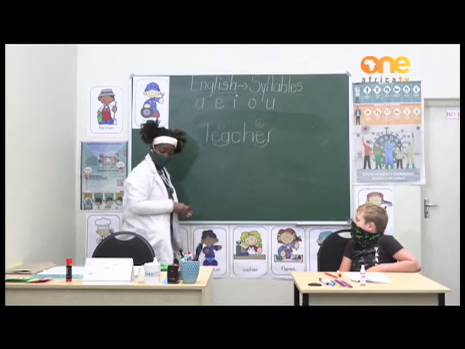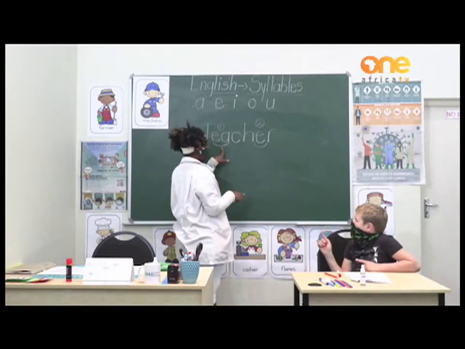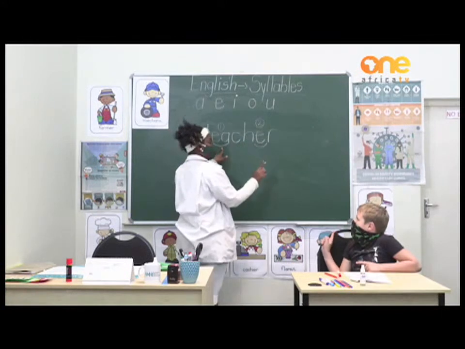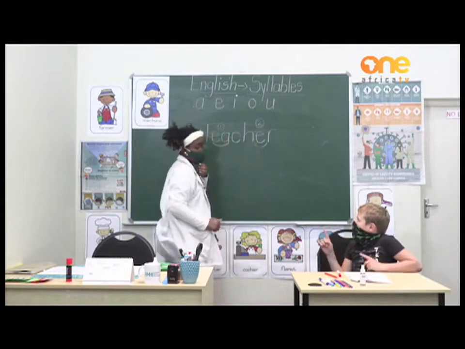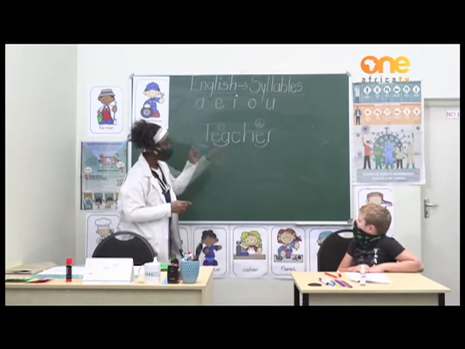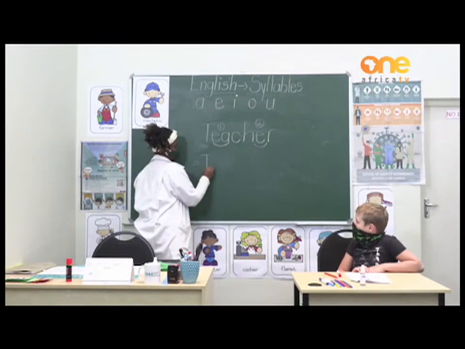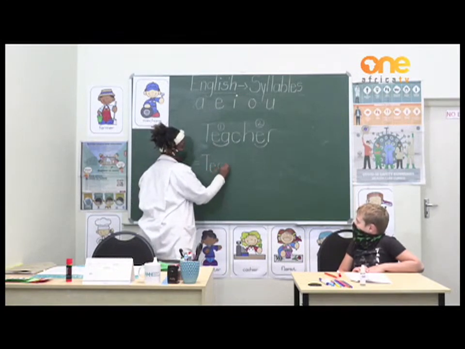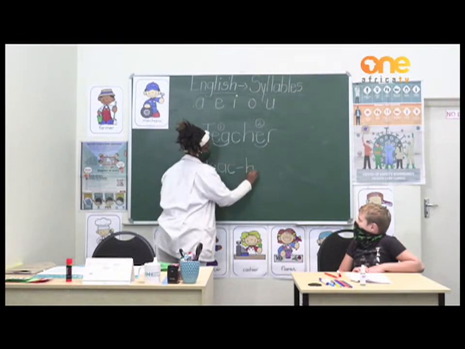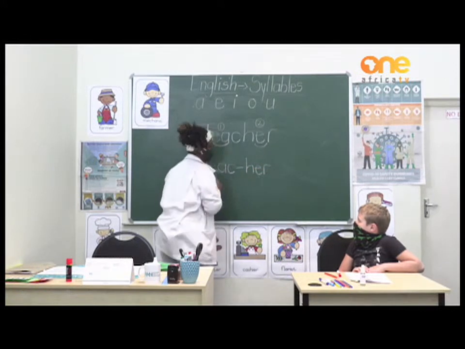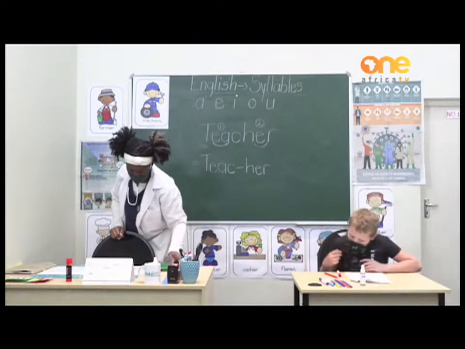And again, you use your little index fingers. You put the first one on the first sound, the second index finger on the second one, move inwards, and separate the two between the two consonant sounds, and we are going to have the word divided into two syllables like this. Teacher.